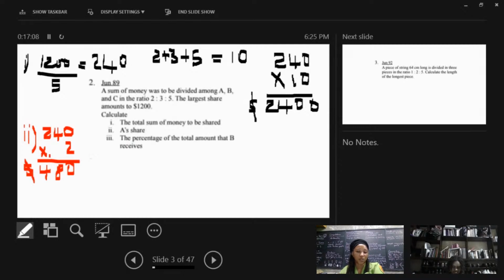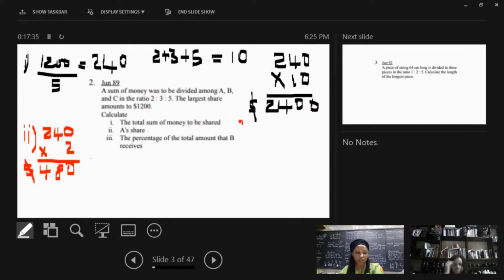We could have also put 2 over the 10 times 2,400, right? To get A's share, we could have also put A's ratio over the 10 times the total. That's just, we cancel the zeros. I'm just letting them know that's another way we could have done it.